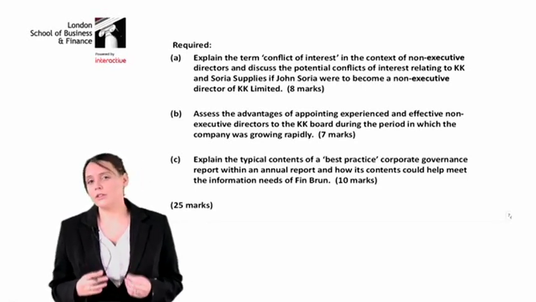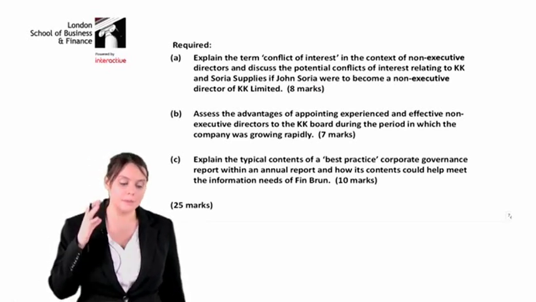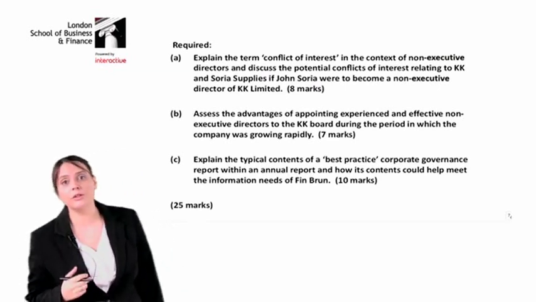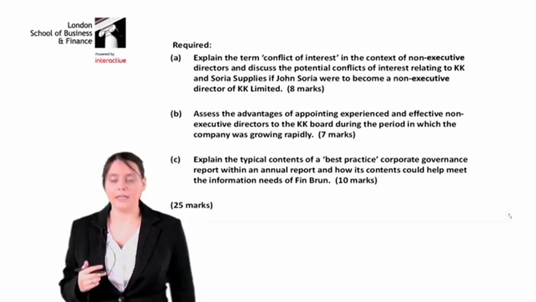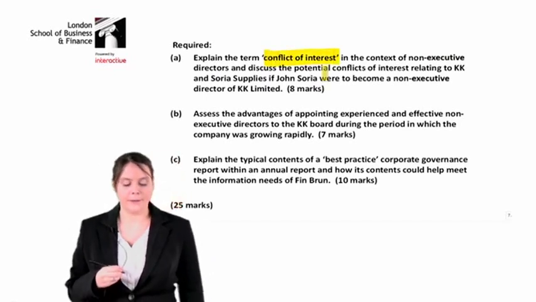By doing that, we'll understand what theory knowledge is it that we are going to use to build our final answer. So having a look through then, we're asked in part A, explain the term conflict of interest.